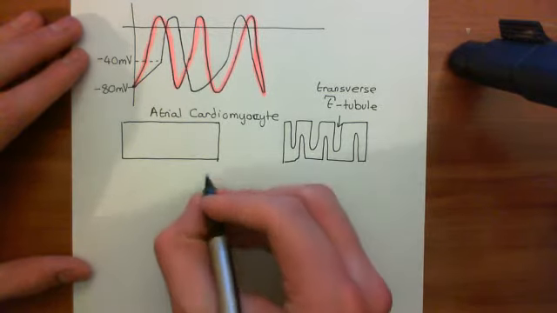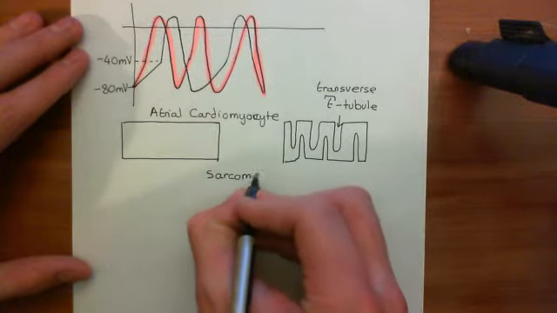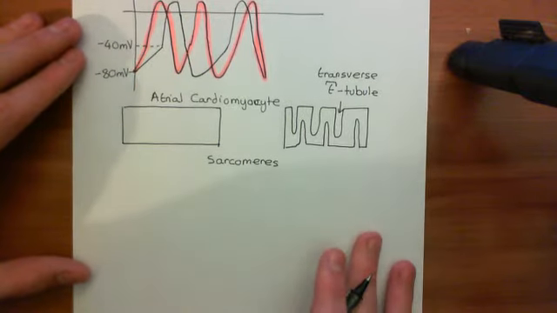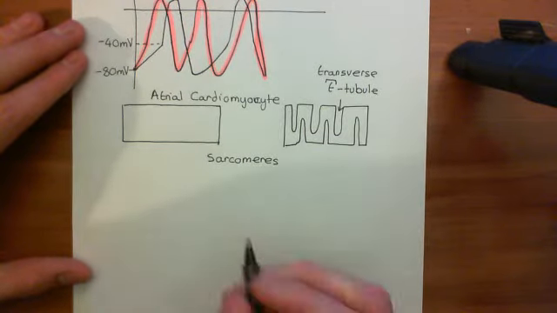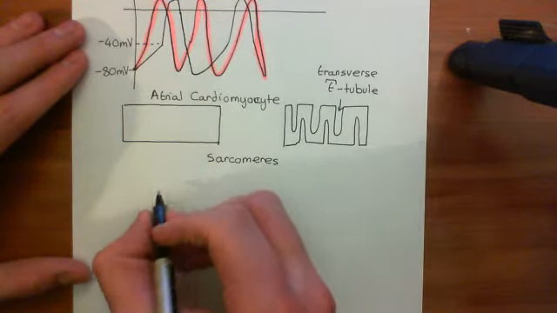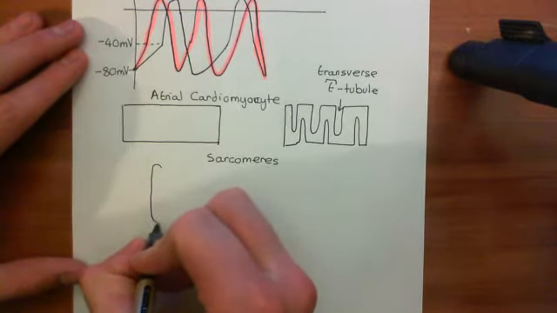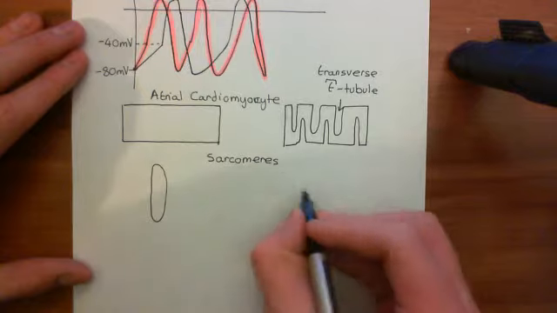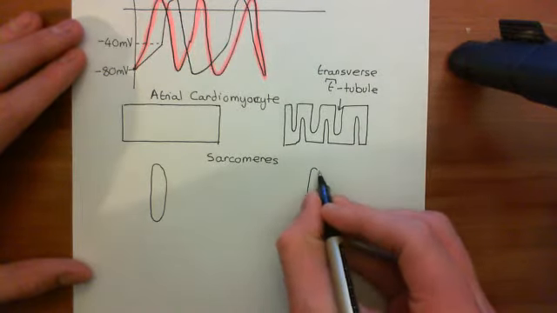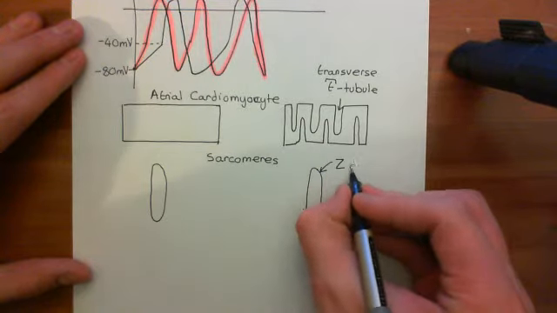So basically you have loads of what are known as sarcomeres, which are the contractile units of cardiomyocytes and also of skeletal muscle cells. The structure of a sarcomere is very similar to those contractile units that we saw in smooth muscle cells. So you have two structures, like so, that are equivalent to the dense bodies that we saw in smooth muscle cells, and these are what are known as Z discs.